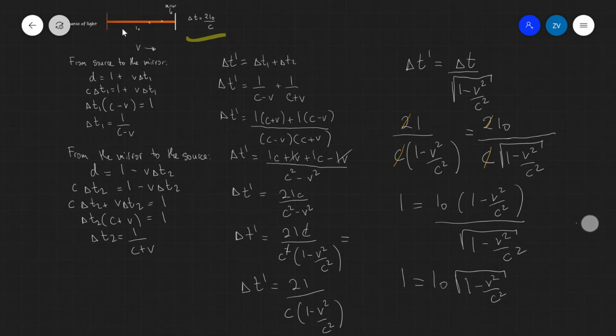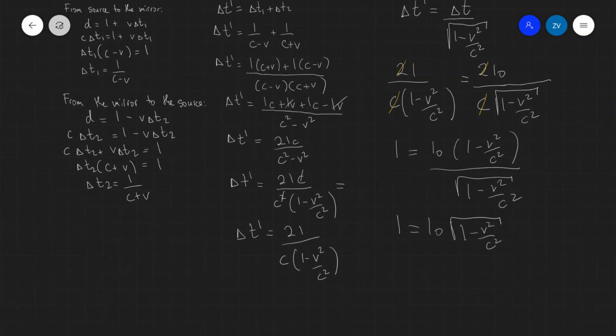Now, because our gamma factor is 1 over the square root of 1 minus v squared over c squared, a way of writing this equation succinctly is simply to write down that L is equal to the original length as measured in a stationary frame of reference divided by the gamma factor. And this is a really important result. I mean, think about it.